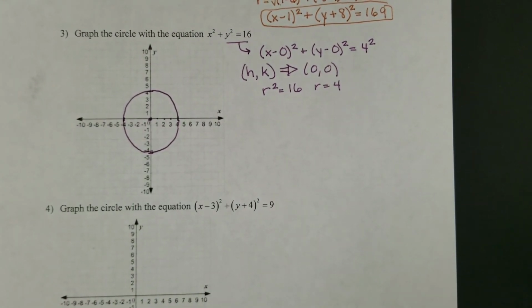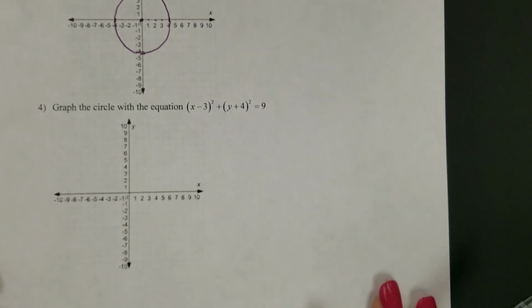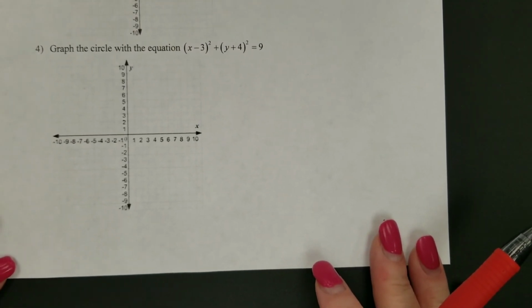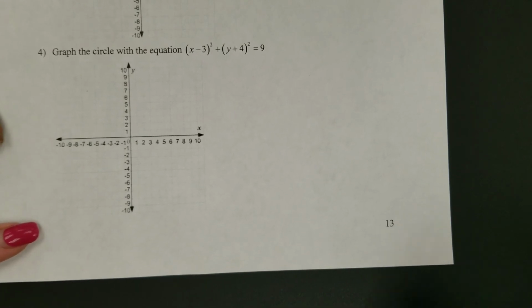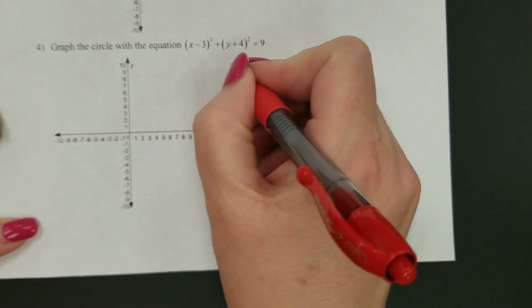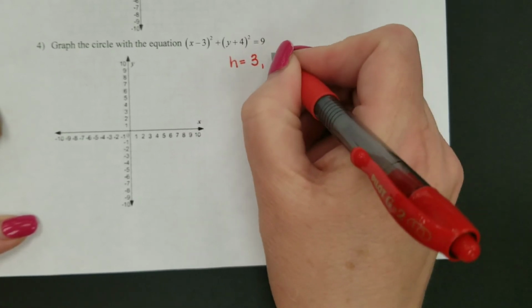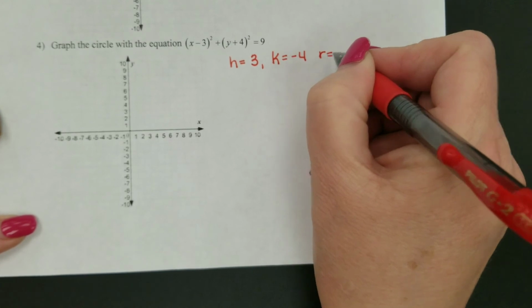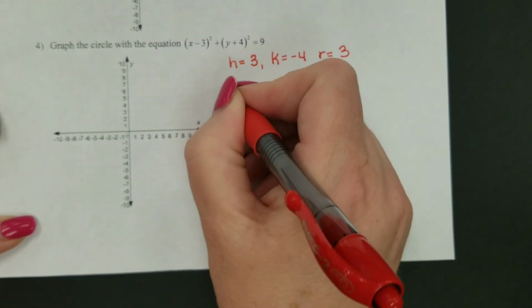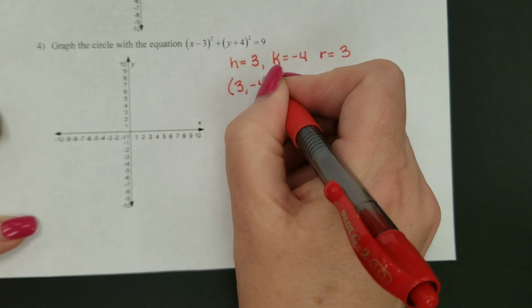All right, let's do one that's not in the center. So on this one, we have (x minus 3) squared plus (y plus 4) squared equals 9. So h is 3, k is negative 4, and r is 3. So my center is going to be at (3, negative 4).